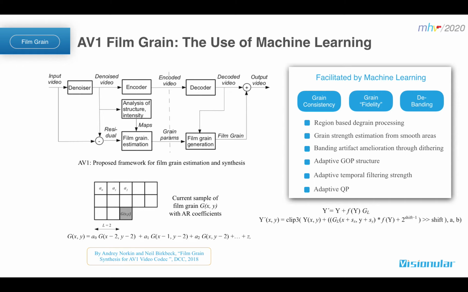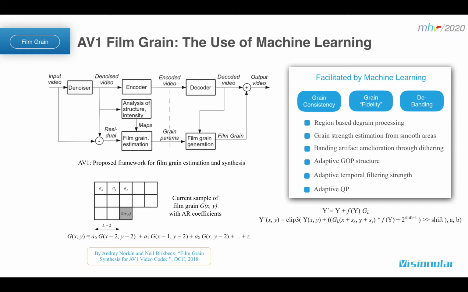Hence, to best leverage this AV1 coding tool, we also propose the use of machine learning as a facilitation, to better leverage this coding tool to achieve good visual quality, while also achieving coding efficiency.